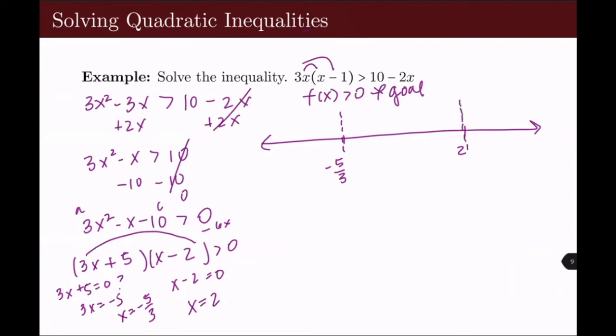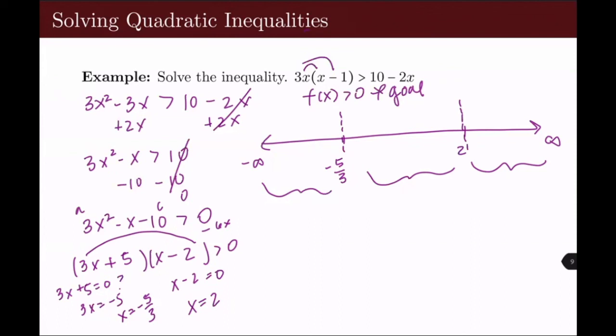Which interval? Is it negative infinity to negative 5/3? Is it negative 5/3 to 2? Or 2 to infinity? Where is my function going to be bigger than 0? Okay, that's the goal. So what we're going to do is test values.